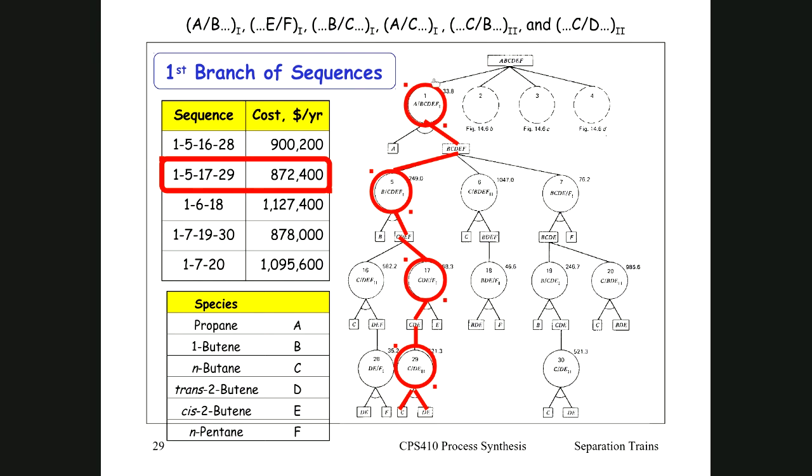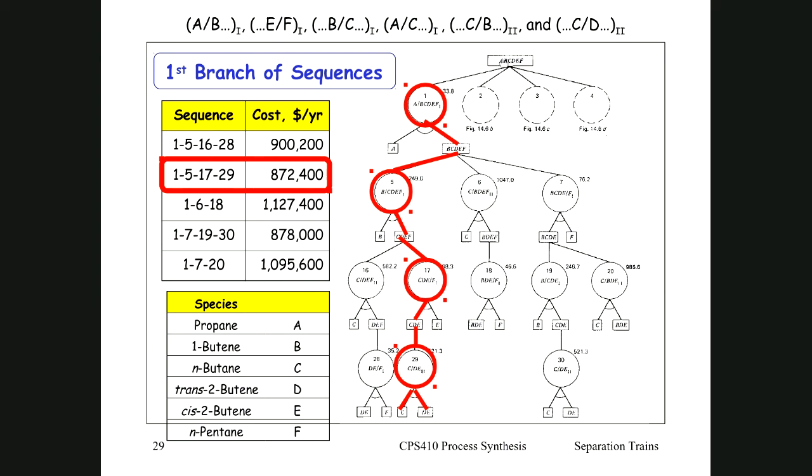So these are the possible separations that we can do at the top there, and this is laying out a tree of all of those possible combinations. If we start with an A/B separation, next it would be an AB/C separation, and so forth.